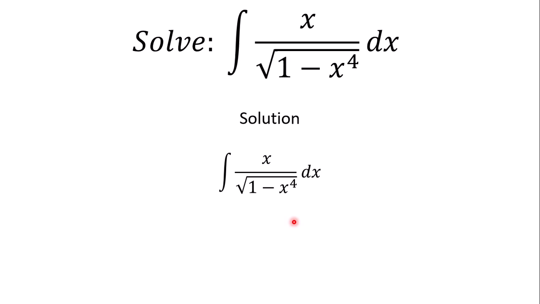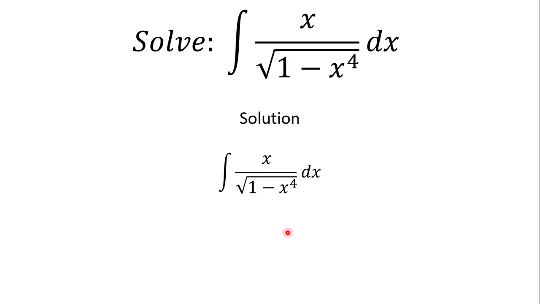So we are first going to rewrite this one, and after we are done rewriting, we do substitution to take away this x. Actually, rewriting this one is going to tell the approach that we are going to use.